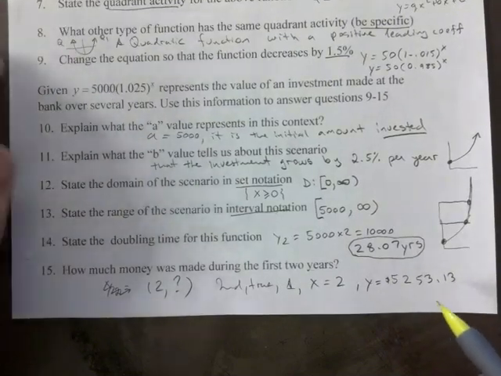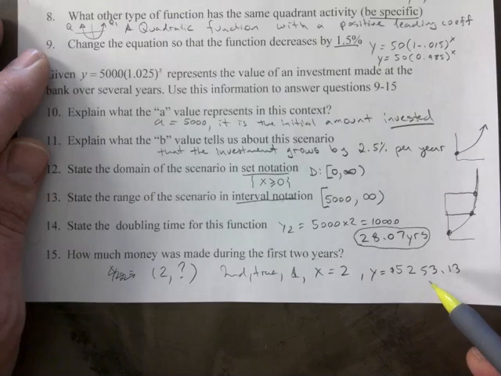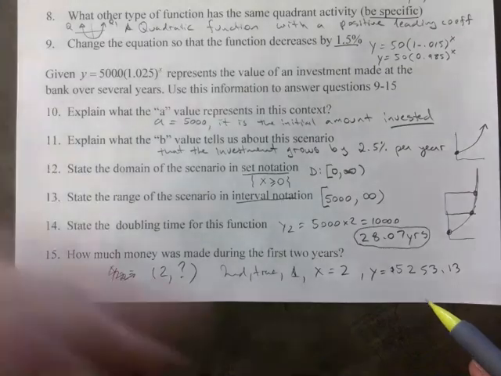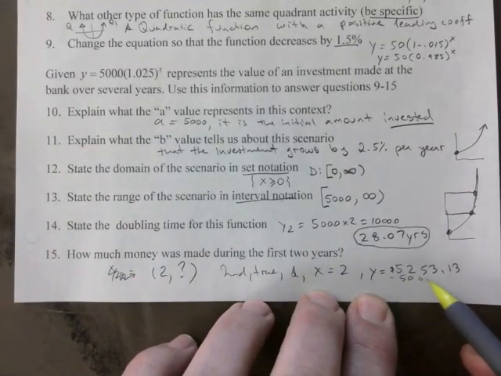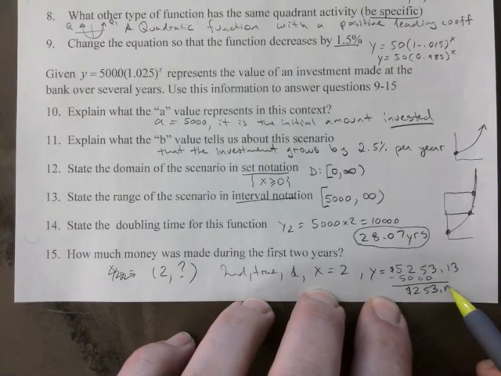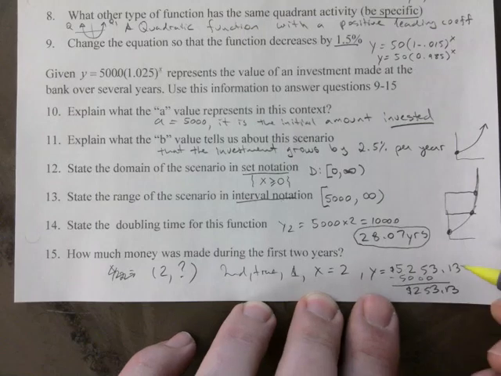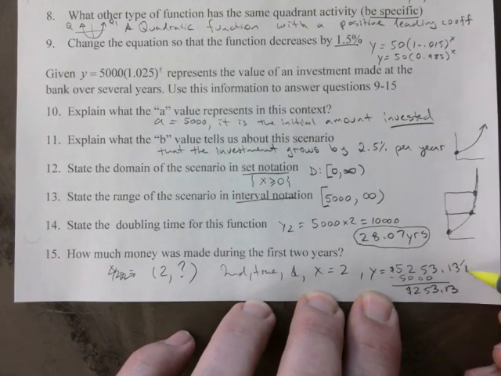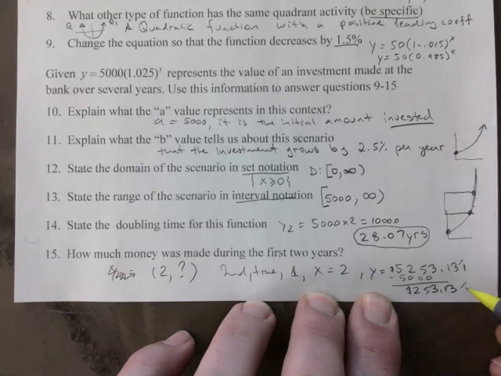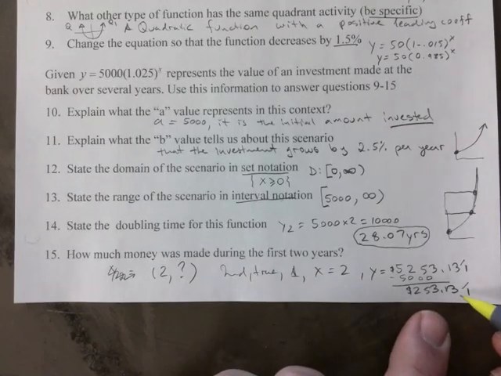That's how much you have after 2 years. But how much did you make? You have to go 253.13. I'll give you 1 mark if you have the 5,253.13, because you're definitely showing me that you know what needs to happen. And we'll give you another mark for coming up with the 253.13.